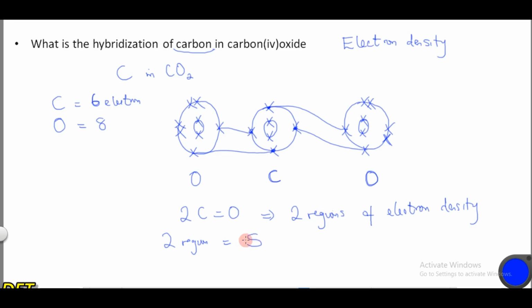It is equal to the sp hybridization, 1 s orbital and 1 p orbital. S plus p, that will give us 2. So that's the 2 regions of electron density. So the shape of this molecule will be what? Linear. And the bond angle will be what? 180 degrees. So it's a very straightforward thing and it's very simple.